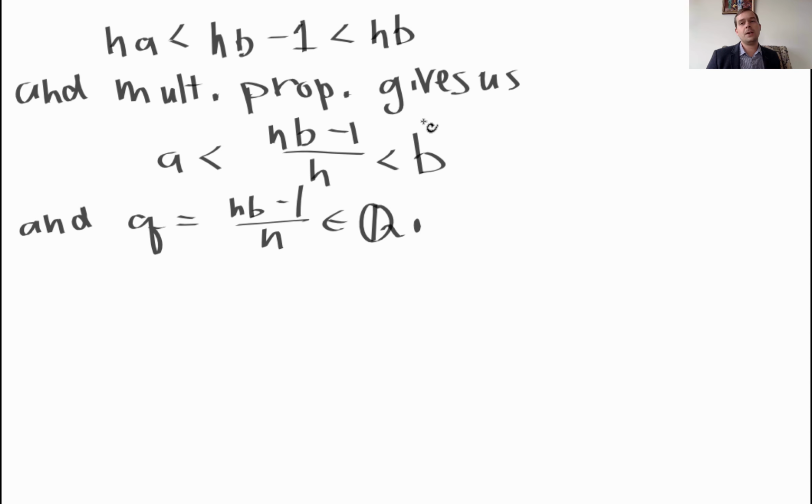So that was a relatively restrictive case. nb was an integer. But in order to make sure that we don't have to worry about that corner case, we had to check it out. So now the case is nb is not an integer.